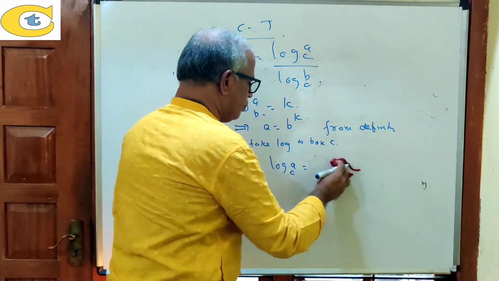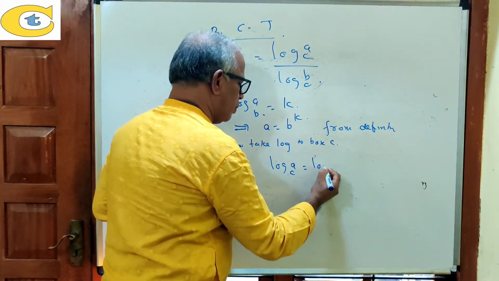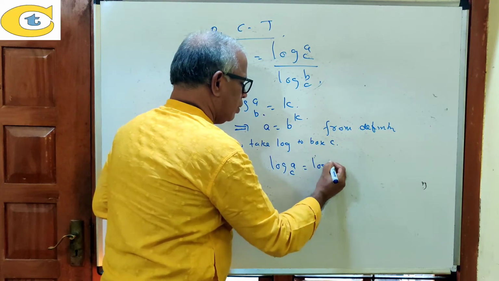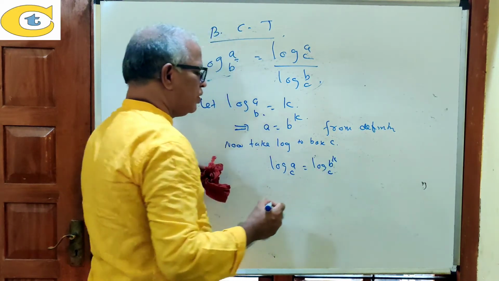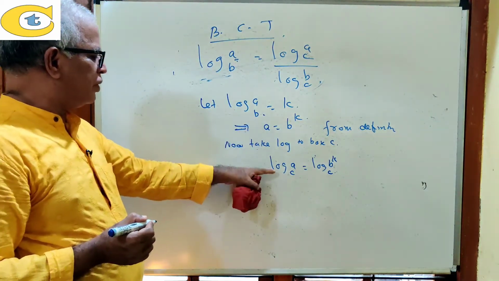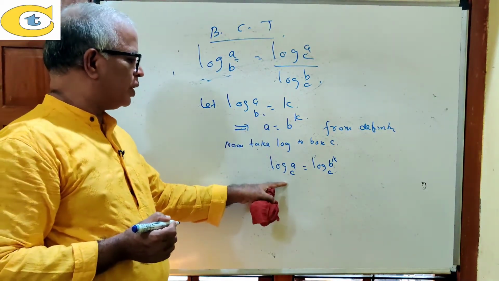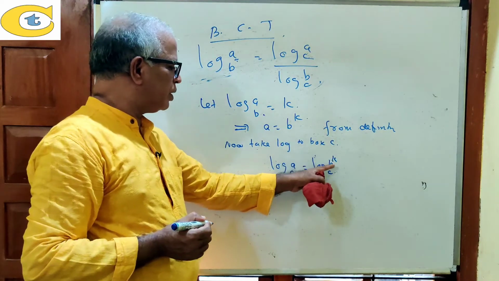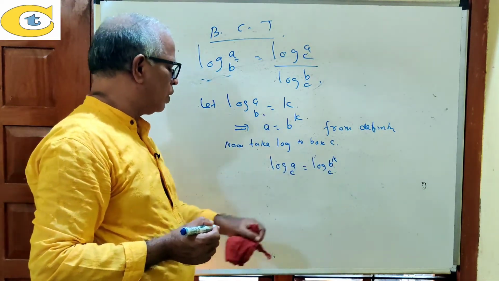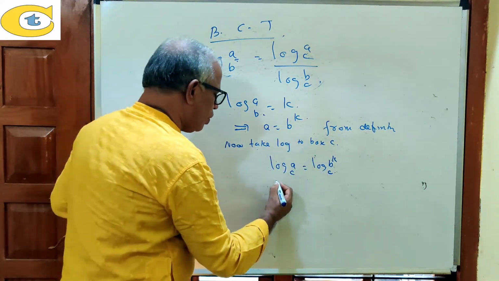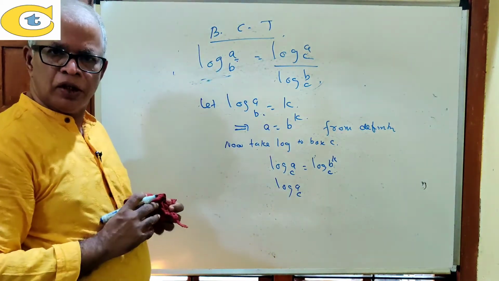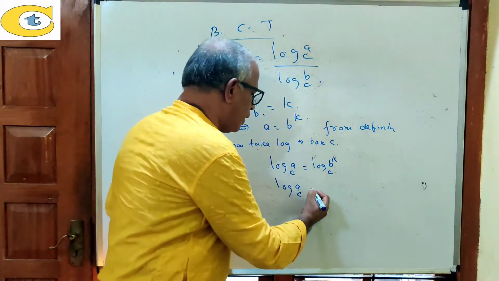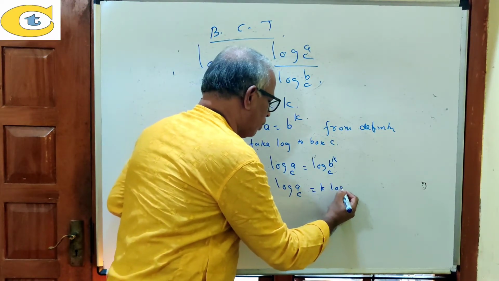Is it clear to you? Therefore, here what will happen? Logarithm of a to the base c is equal to k into logarithm of b to the base c.